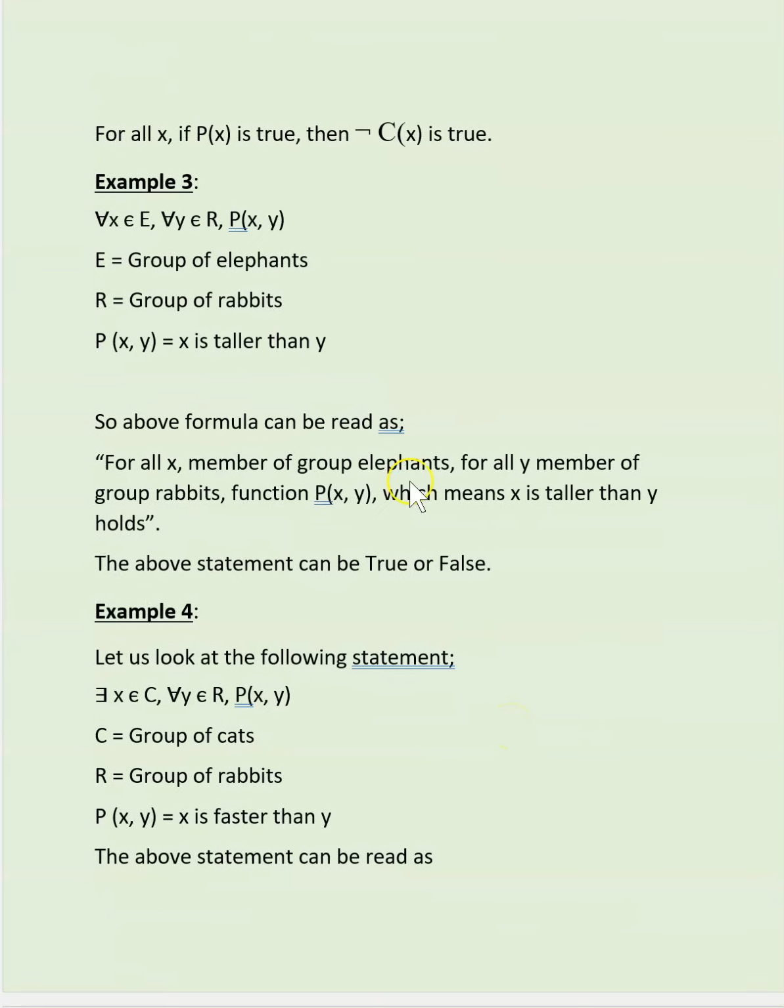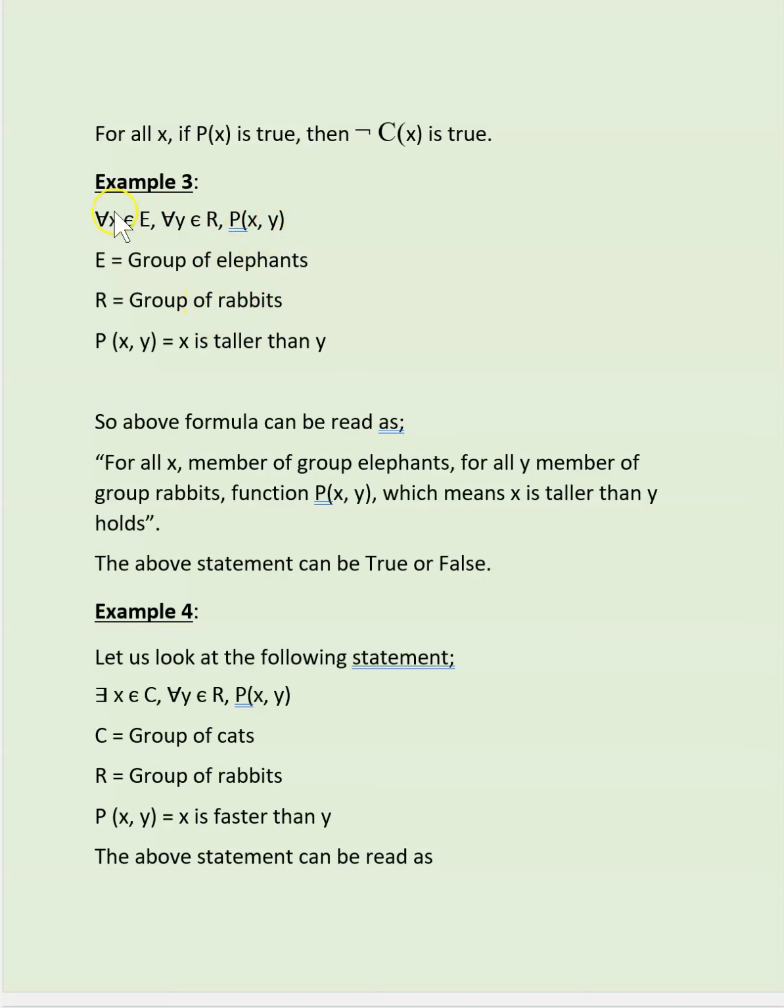Example 3. For all x a member of E, the group of elephants, for all y a member of R, the group of rabbits, P(x,y). What is P(x,y)? x is taller than y. Is this a true statement? Are all elephants taller than all rabbits? Maybe, maybe not.